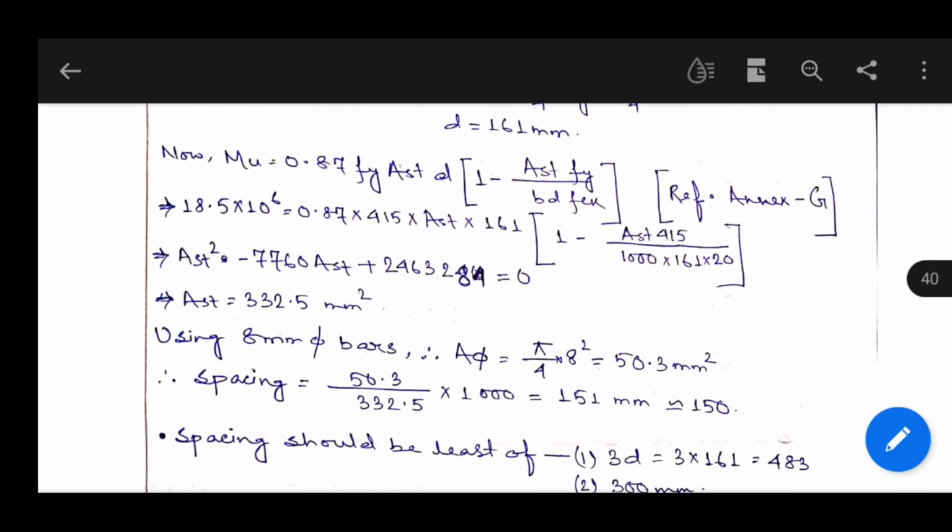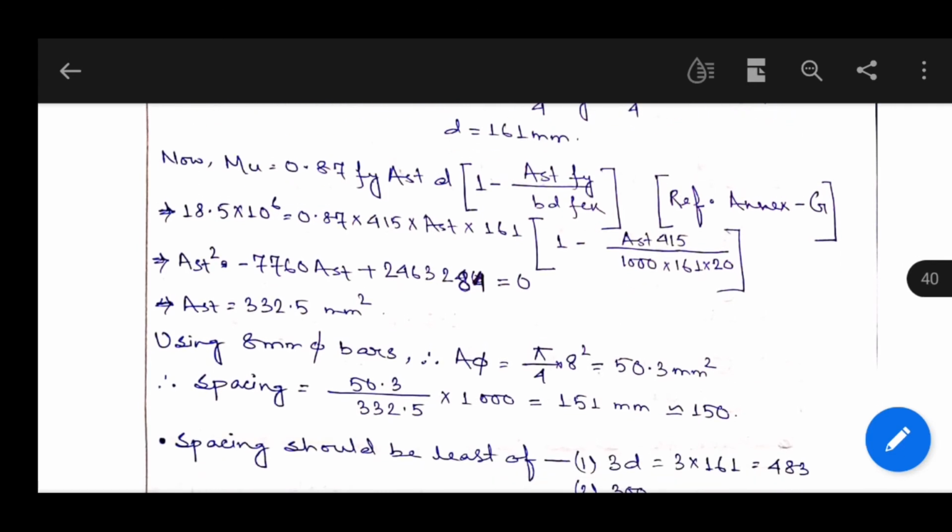So now using 8 mm dia bars, the area of cross section of one bar is pi by 4 into d square, that means pi by 4 into 8 square, where d is the diameter of bar, that is equal to 50.3 mm square. So spacing will be equal to 50.3 by 332.5, that is Ast, into 1000, that is equal to 151 mm, or we may use a spacing of 150 mm.